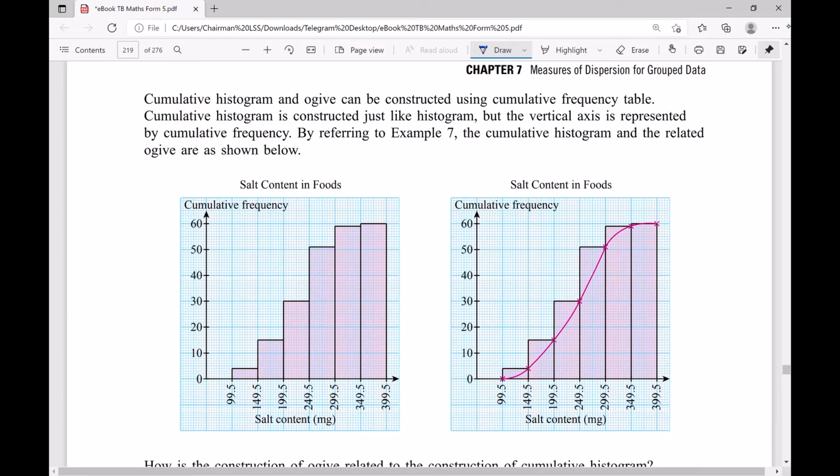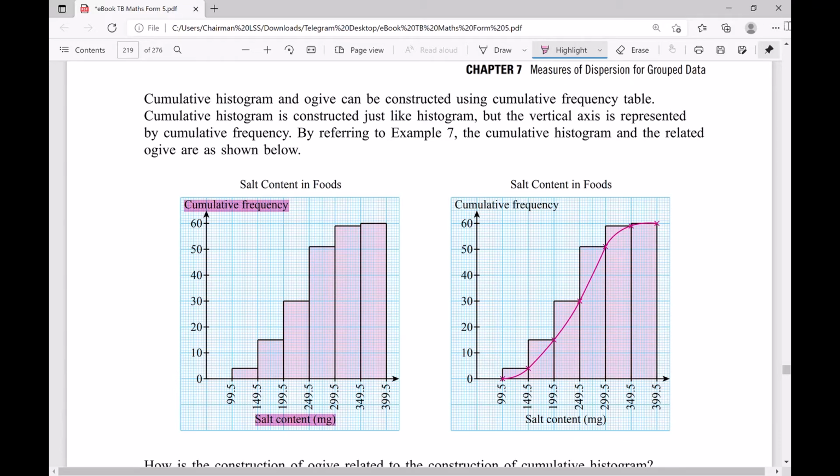Cumulative histogram and Ogive can be constructed using a cumulative frequency table. Actually, you can draw a histogram, but using cumulative frequency, and for this one you use the upper boundary. This is what you get. The graph will be like this. It is going up.